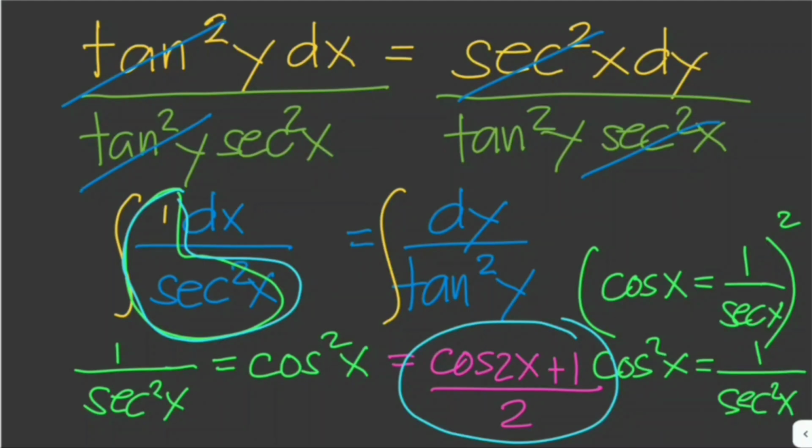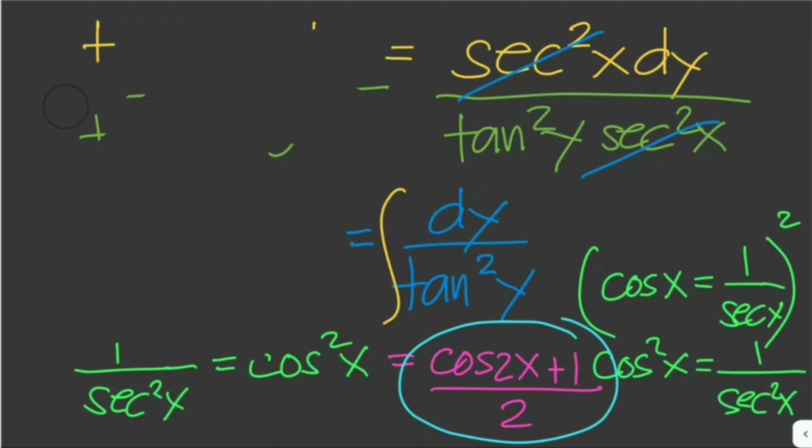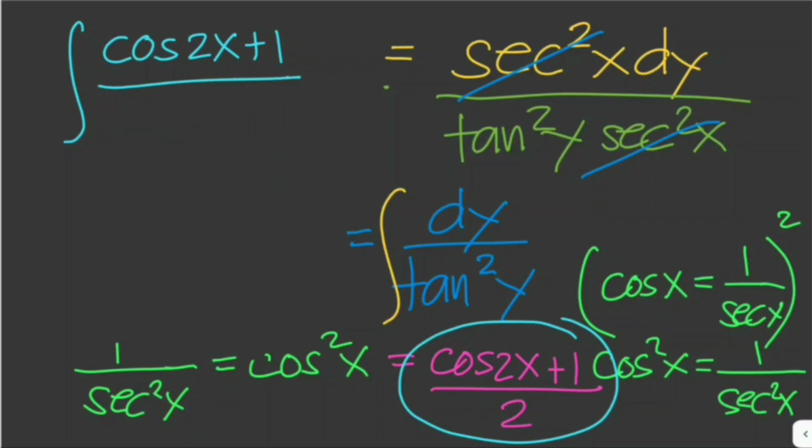So we can write the left hand side of the equation, the dx over secant squared x, as the integral of cosine 2x plus 1 over 2 dx.